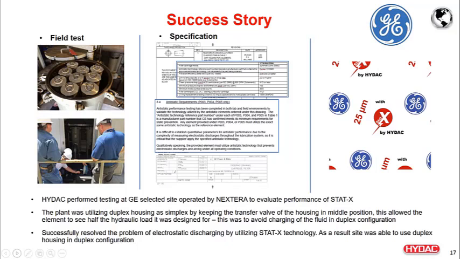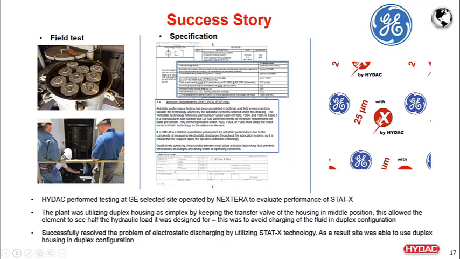So when they did that, the hydraulic load increased almost 2 times. Because of that hydraulic load increase, and of course the different types of oil being utilized, the electrostatic charging and discharging events started showing up in the field.